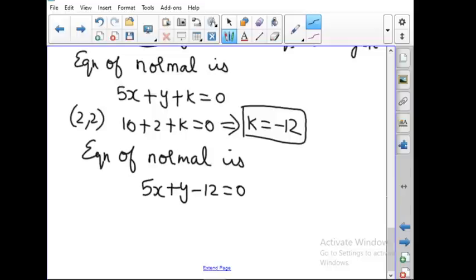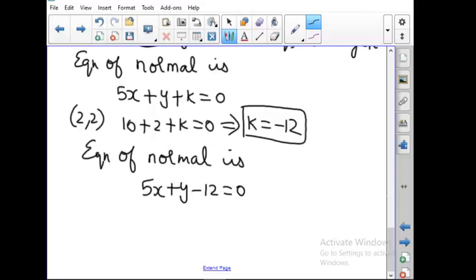So the normal equation is the equation which is perpendicular to the tangent. Perpendicular means we change the coefficients of x and y, change the sign of y and add plus k. Then you can substitute the given point, find the value of k and write down the normal equation. Okay.